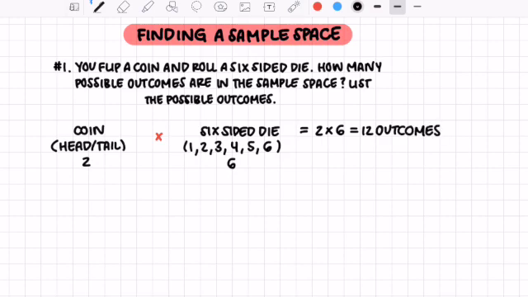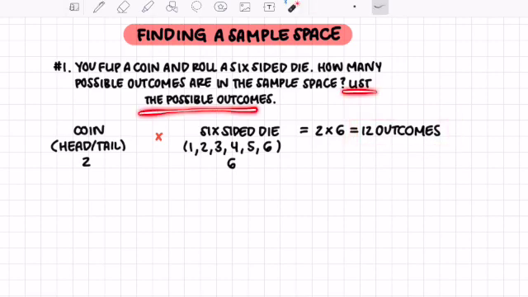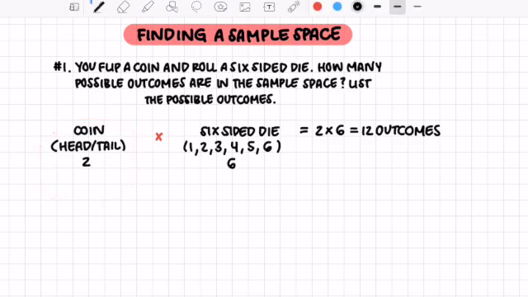Okay, so last part. After we found the number of outcomes, we still have to list all the possible outcomes that could happen. And in these types of cases, I do like to create a tree. So let's start off with the first part, which was the coin. We have the heads and tails. I'll write down that the first option was that we could get heads.